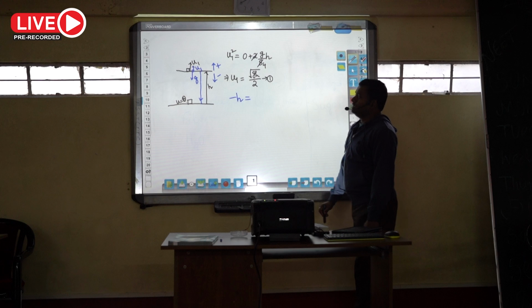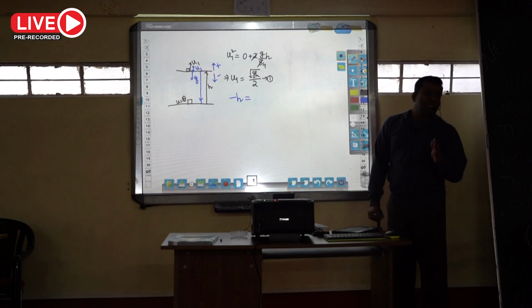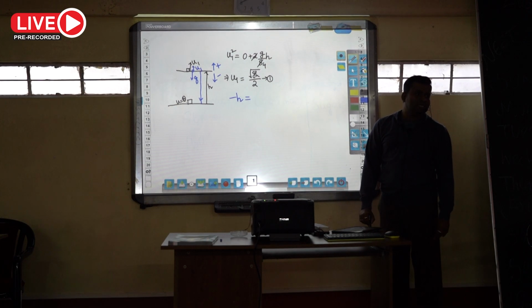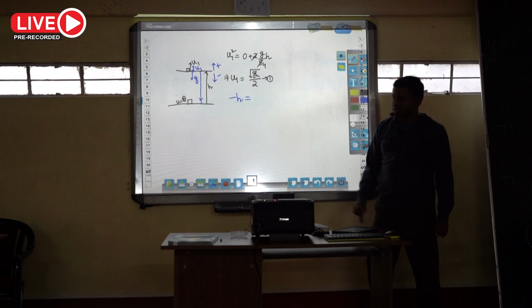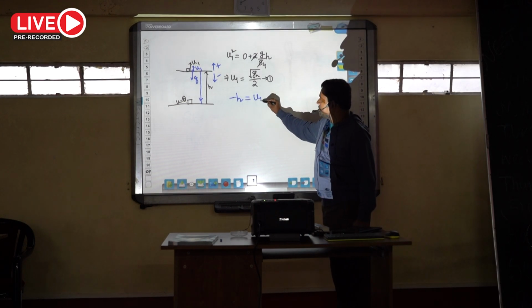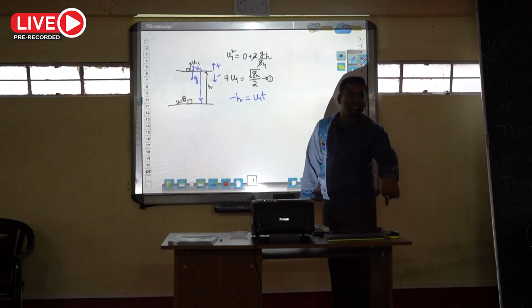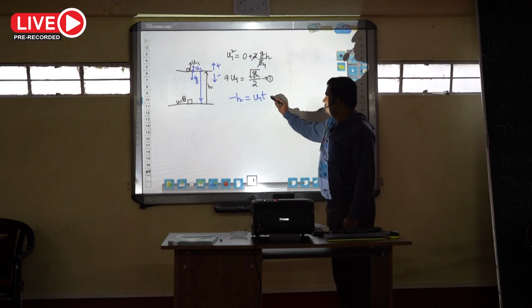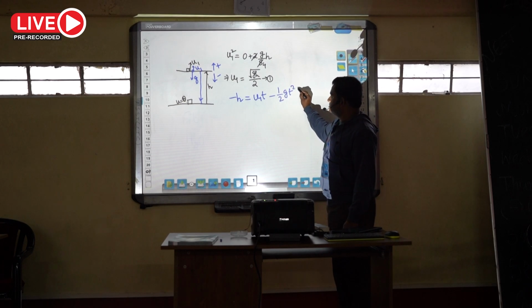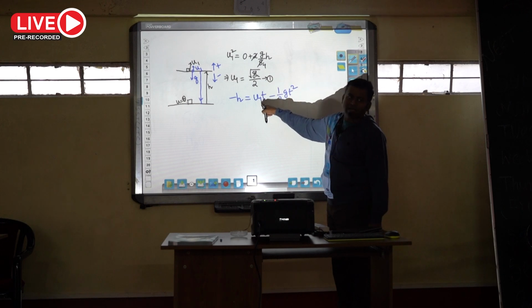Now u1 is in which direction? u1 is upward, so simply write u1t. Acceleration of the stone is down, so minus half gt square. Put the value of u1 here and solve for t.